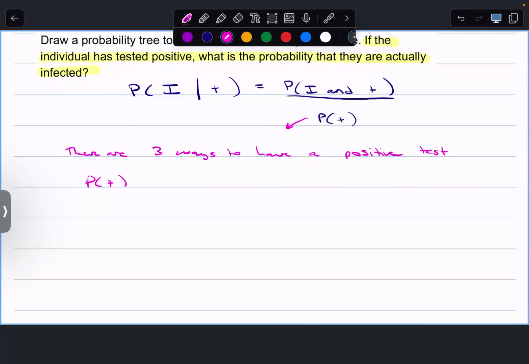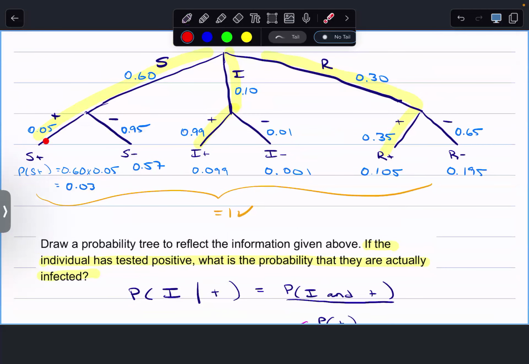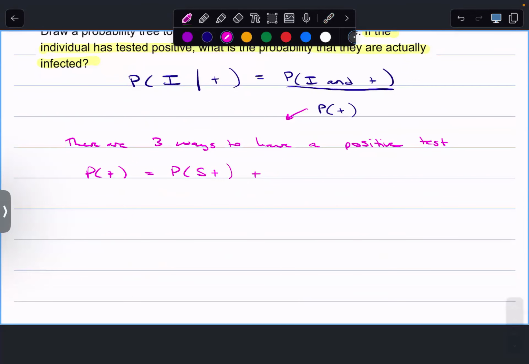So the probability of a positive is the probability of susceptible and positive, or infected and positive, or recovered and positive. Infected and positive plus the probability of recovered and positive. But I have all those probabilities already, so it's not a ton of work.